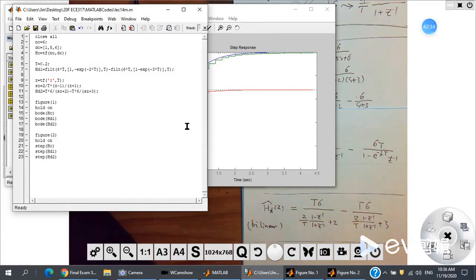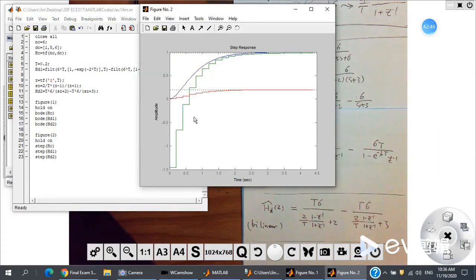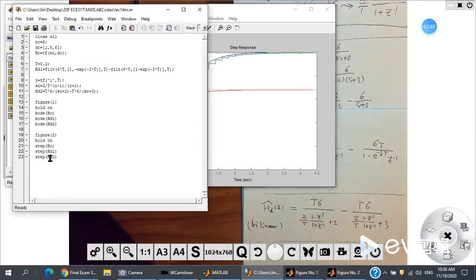6T, and T. This is a filter, and this is a bilinear. So bilinear should be the green one.